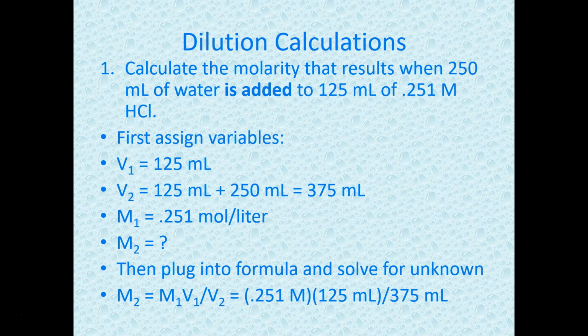We wanted to get our unknown variable, our M2, on a side by itself, just basic algebra. Then we plug in our numbers, enter it into your calculator, and you should have gotten that M2 equals 0.0837 molarity. Not so bad, right? You've totally got this.